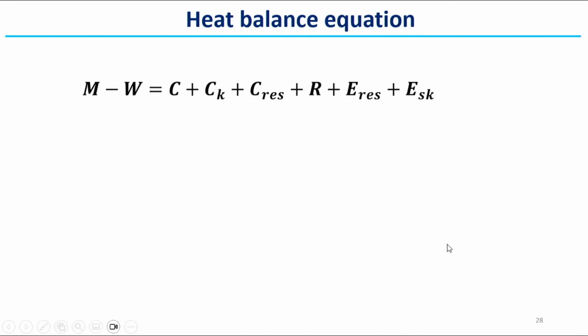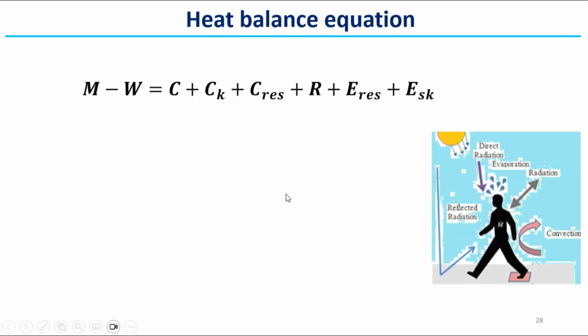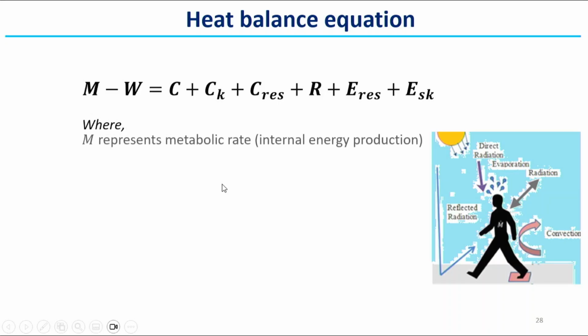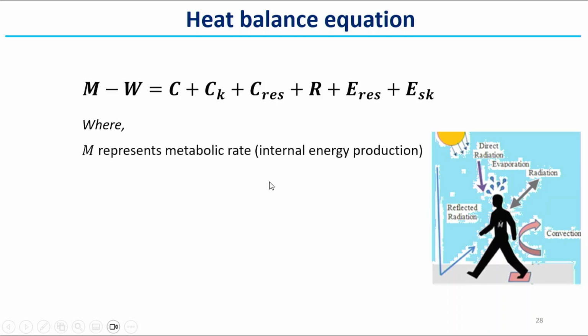This is the heat balance in cold conditions. M is the metabolic heat generation, the internal energy production, and W is the external work done. C is the convective heat loss.